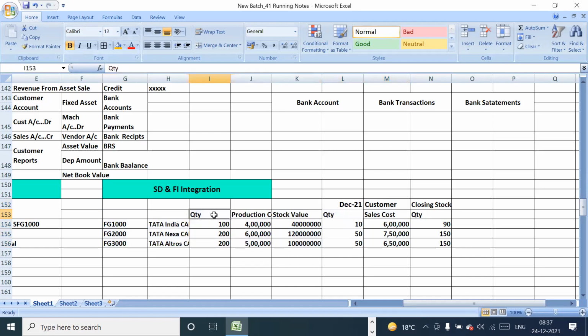The production team manufactured, and after completion of production, we keep the stocks in stores. Then this much economic value has increased in our organization. Then that much we have to take into finance or not. These closing stocks or opening stocks we have to consider as a current asset. We have to show it in finance under the asset side. So this balance at this month ending, I have to show in my finance as an asset balance or not.